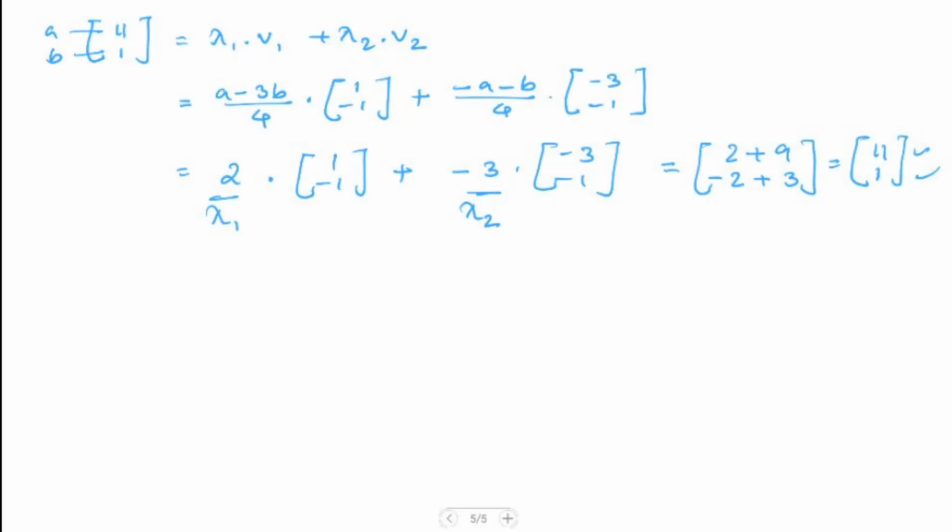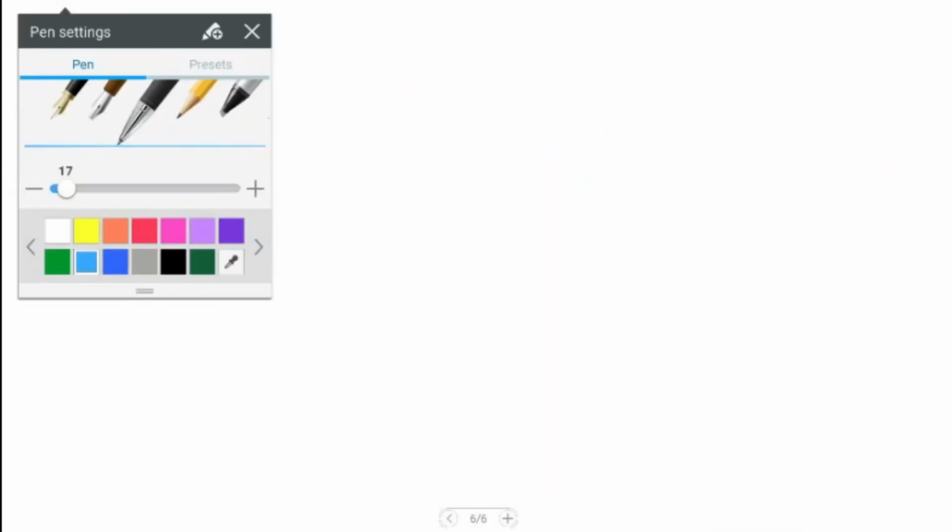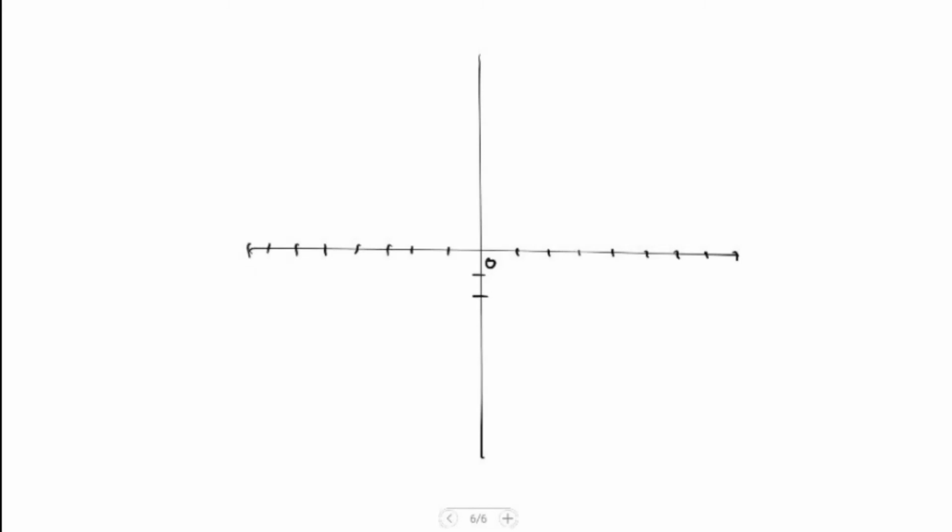Maybe I'll draw it on a different page. So here we have our vectors (1, -1). So here we have 0, 1, 2, 3, 4. I'm just roughly drawing the graph here.